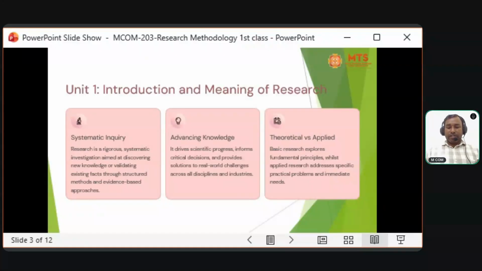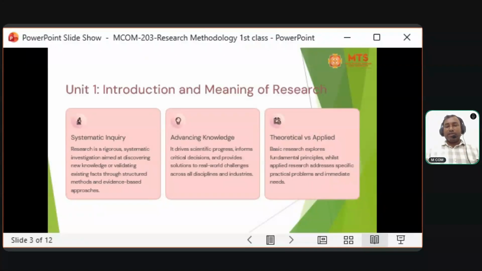Introduction: the strategic inquiry, advantage, knowledge, and theoretical perspective. Research is a rigorous, systematic investigation. What is research? Research is defined as a systematic, comprehensive inquiry process that aims to accurately study and answer problems or themes.